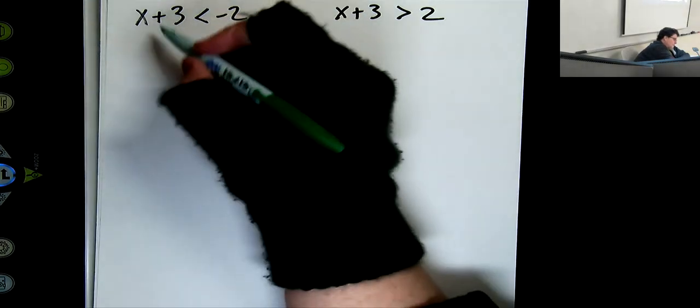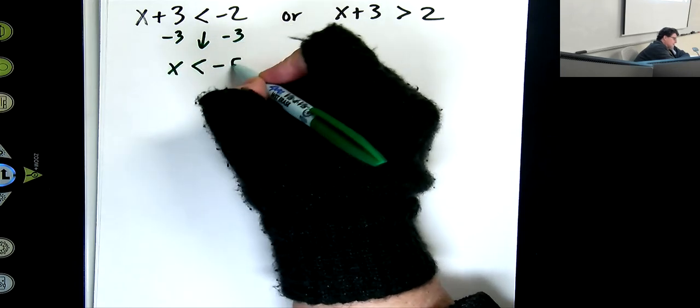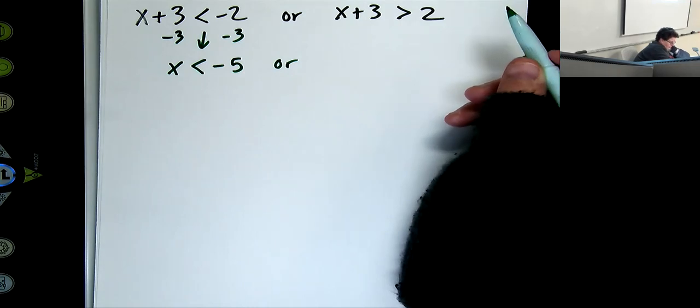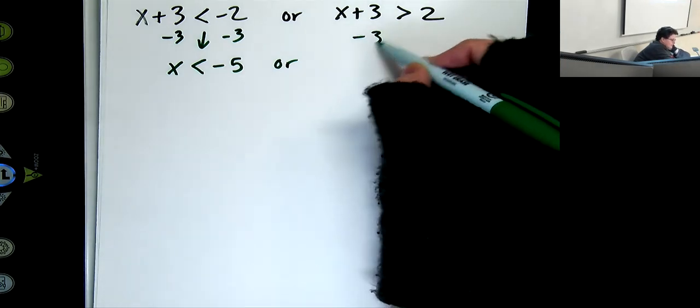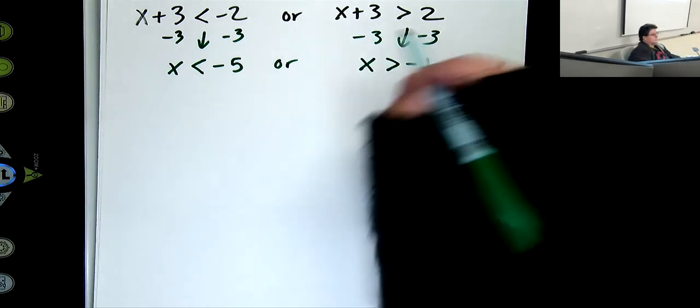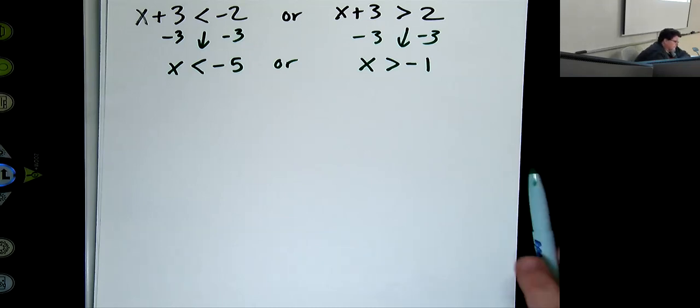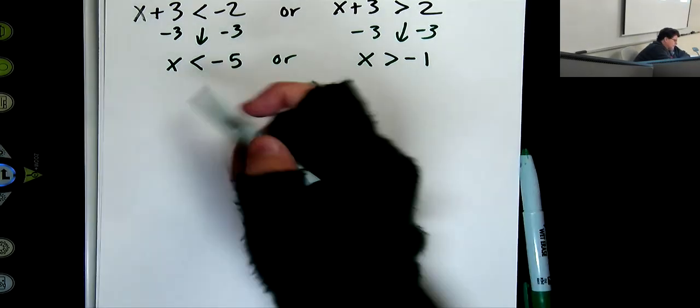Here, if I subtract 3 from both sides, I get x is less than -5, or I'll subtract 3 on this side. I get x is greater than -1. We draw this on a number line.